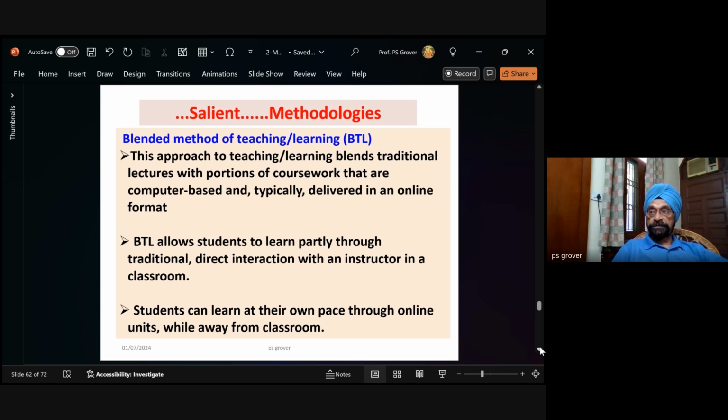This approach to teaching and learning blends traditional lectures with portions of coursework that are computer based and typically delivered in an online mode. It is becoming quite popular these days, and we are also doing online mode. Blended learning allows students to learn partly through traditional direct interaction with the instructor. Students can learn at their own pace through online units and so on.